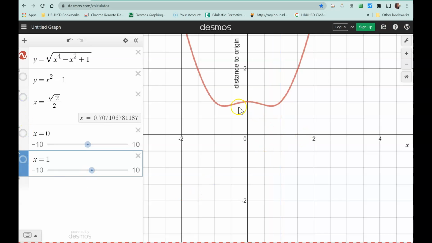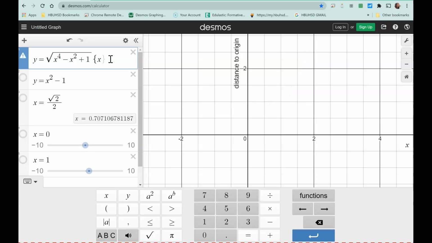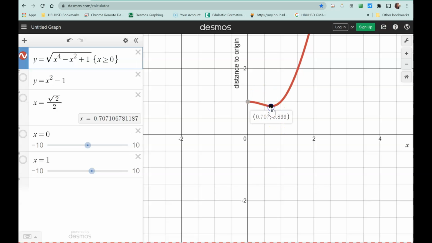D is a minimum when x is bigger than 0. So I'm going to restrict this. X is bigger than or equal to 0. So that means I only have half of this. So there is the lowest point of the curve. The lowest point of the curve is 0.866 when x is 0.707.